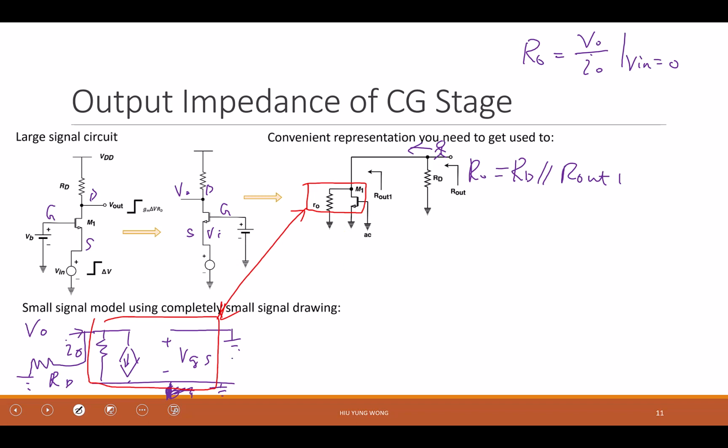A transistor with the gate and the source grounded. You look into the drain, but the source and gate are grounded. What is the resistance? R0. And done. I don't need to solve this complicated circuit.